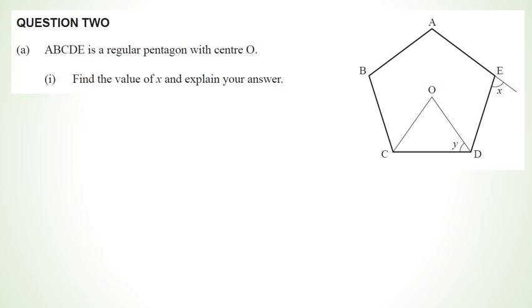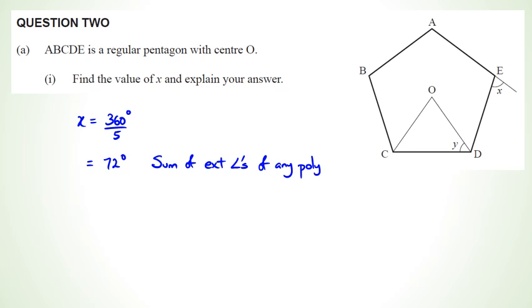Okay, so with question 2, we've got a regular pentagon with center O. Find the value of x and explain your answer. Now, we know that x is equal to 360 degrees divided by 5, which gives us 72 degrees. The reason we can say that is because the sum of exterior angles of any polygon equals 360 degrees.